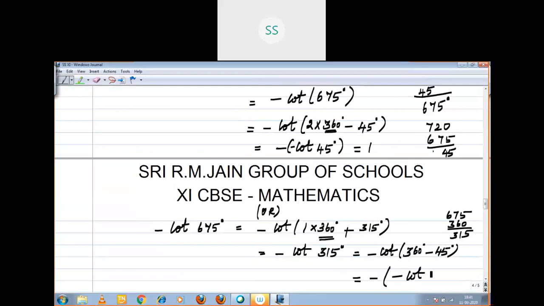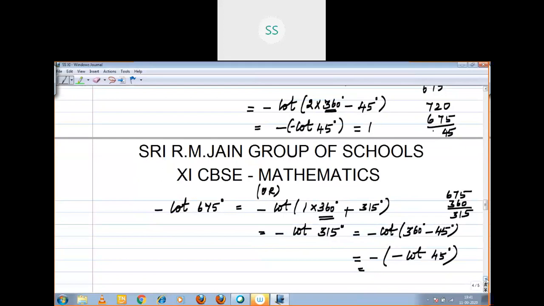See here, minus of minus cot 45 degree, which is equal to what? That is cosine house, right? So cot of 360 minus theta equals minus cot theta, cosine house.